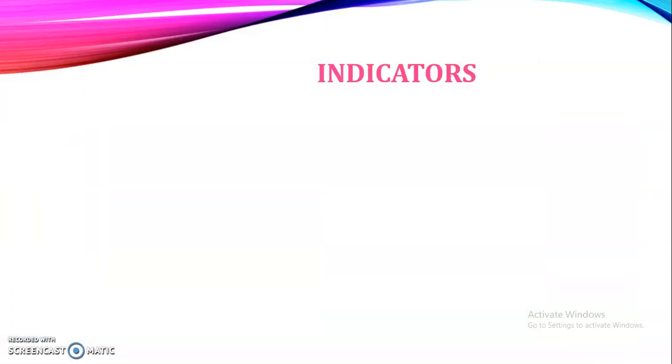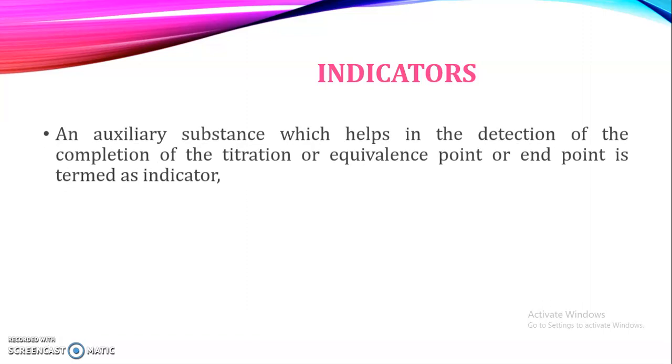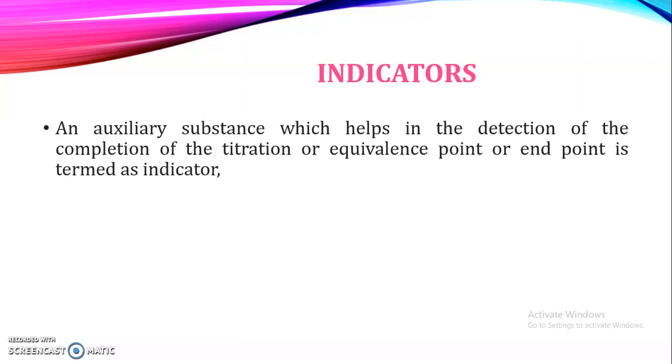Before starting the theories related to the acid-base indicators, let's see the meaning of the acid-base indicators. Indicator means an auxiliary substance which we add to the titration, which helps us in detection of the completion of the reaction, or the completion of the titration, or the equivalence point, or the detection of the end point.